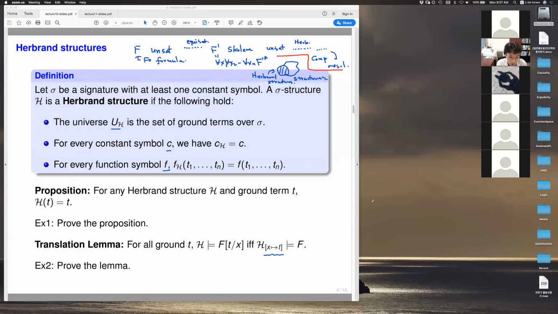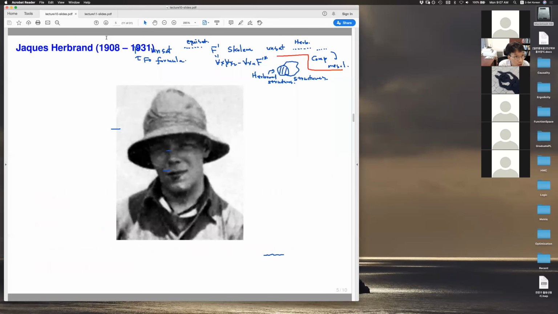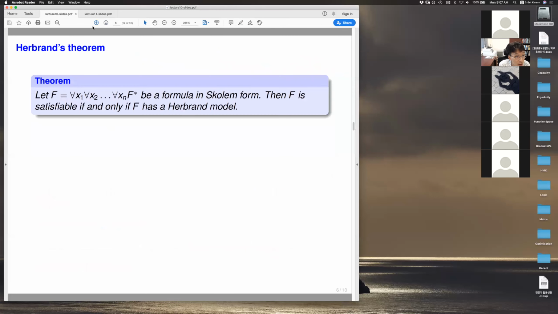Okay. So these are the two theorems we talked about, but the main result in this lecture is the one proved by Herbrand. This is the Herbrand theorem, which says that if we have a formula f in Skolem form, then f is satisfiable precisely when f has a Herbrand model.